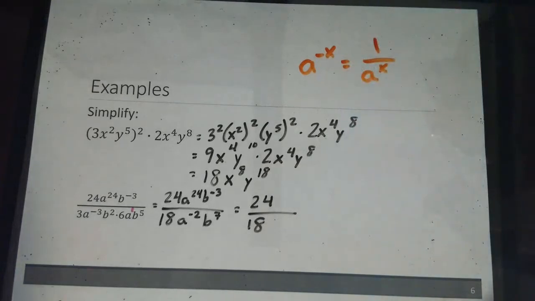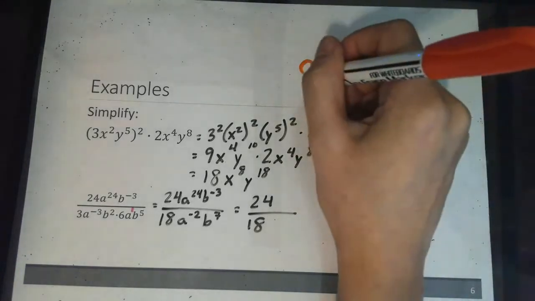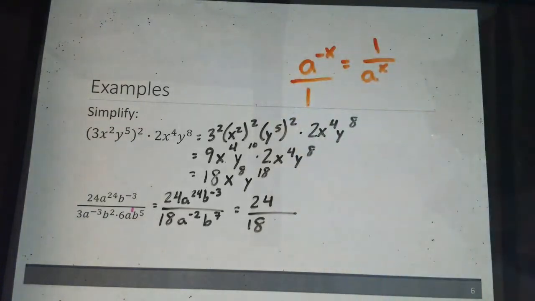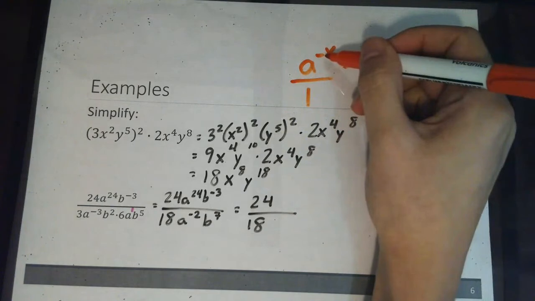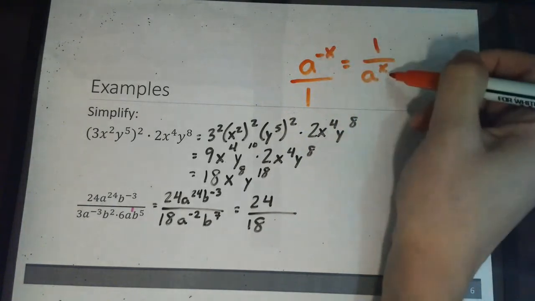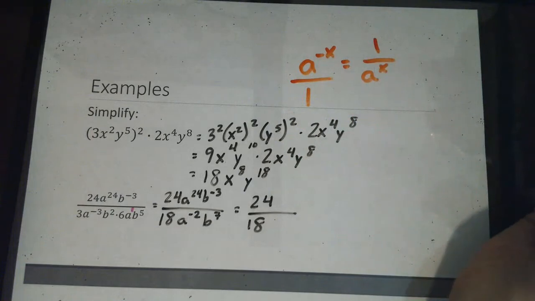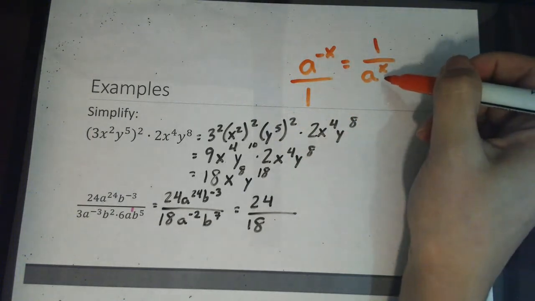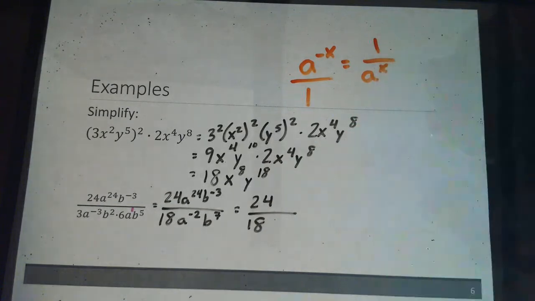If you think about it as a to the negative x over 1, then having a negative exponent, if you move it to the other side of the fraction bar, it becomes a positive exponent. That's going to be true if you have the negative exponent in the denominator as well. If you put it on the other side of the fraction bar, it'll turn positive.